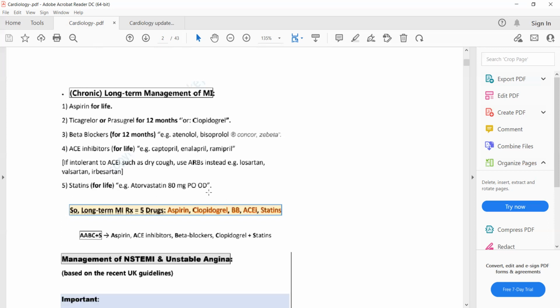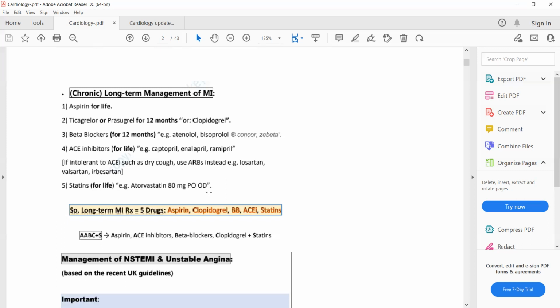Which drug will we give first, heparin or aspirin? Both of them will be given simultaneously. Aspirin 300 mg to all the patients. Then if the patient has non-ST elevation MI or unstable angina, then low molecular weight heparin.